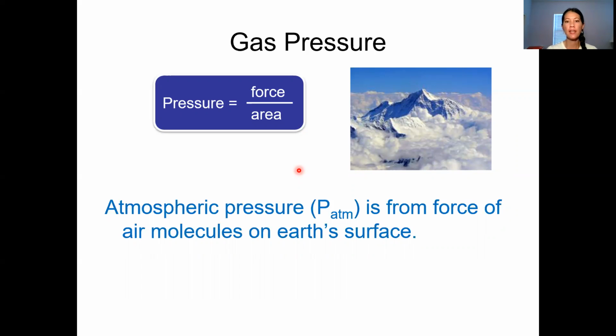And you could think of yourself at sea level as well, pushed down by the force of gravity. So at sea level, there's an atmospheric pressure of 1 atm, and that's a unit. If you're at the top of a mountain, however, you're high up, so there's less gas particles above you. So the atmospheric pressure there is less than 1 at sea level.